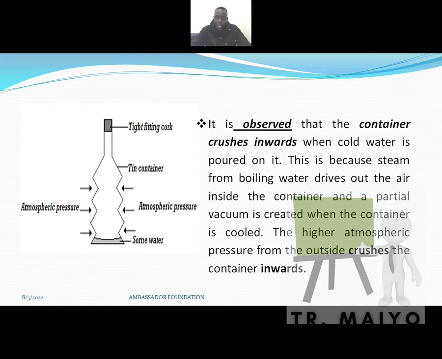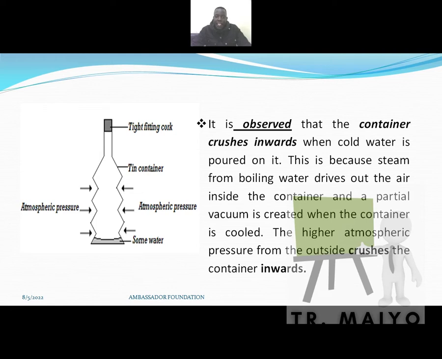We heat so that the water inside will produce steam that will drive out air in that container. When air is driven out of the container, there will be no air left. Whatever is inside the container is what we refer to as a vacuum. That is a space.